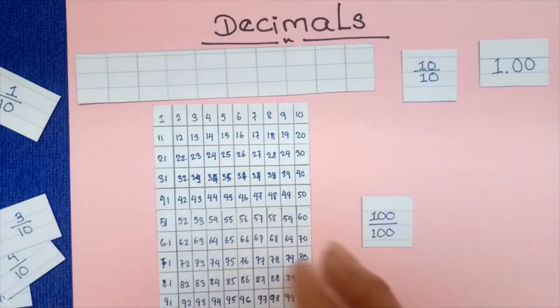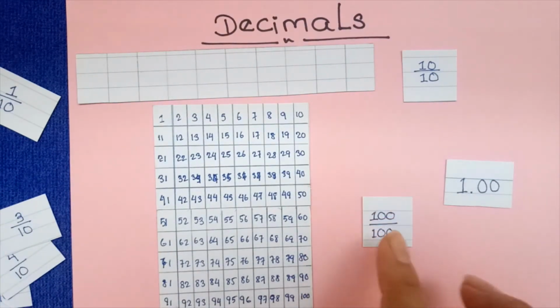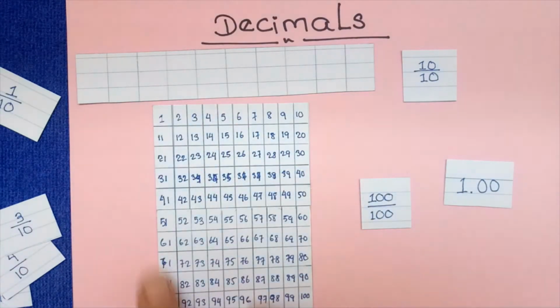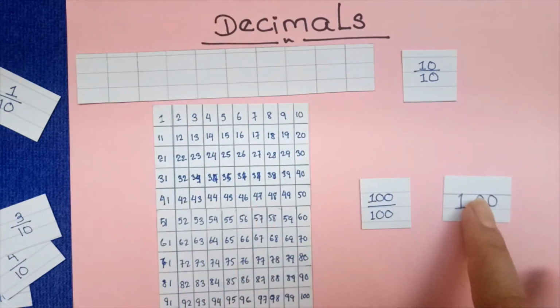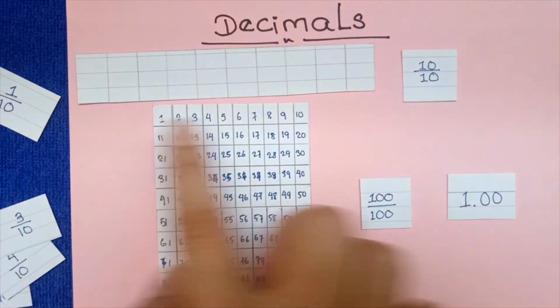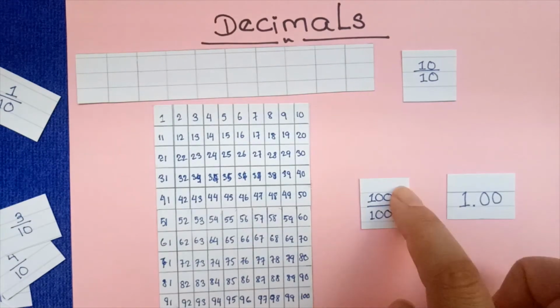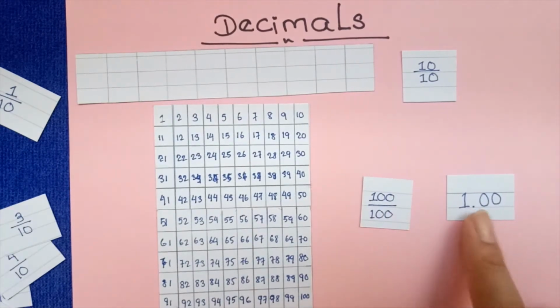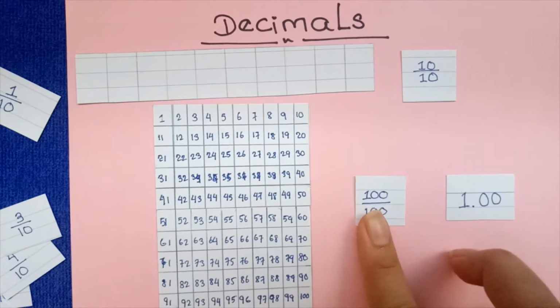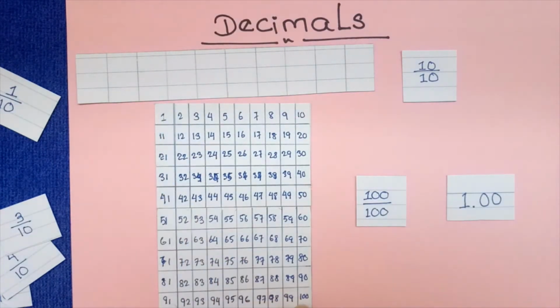Even though you see 100, it is also the same as 1, because the whole thing is equal to 1, but there are a hundred parts. So 100 by 100 equals 1.